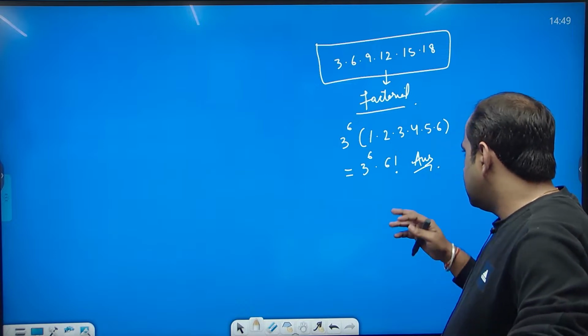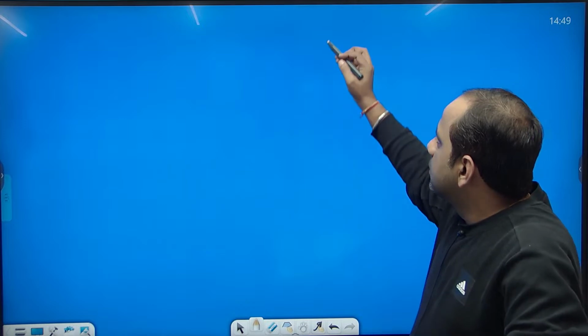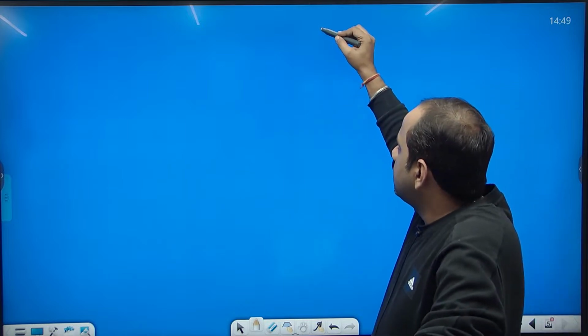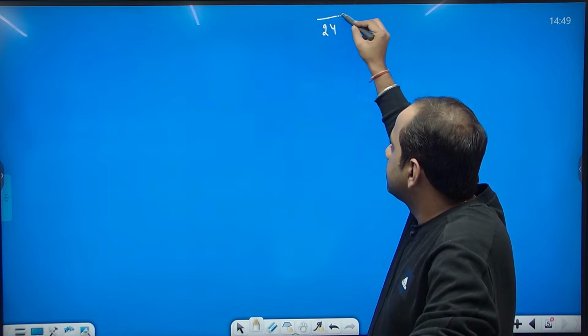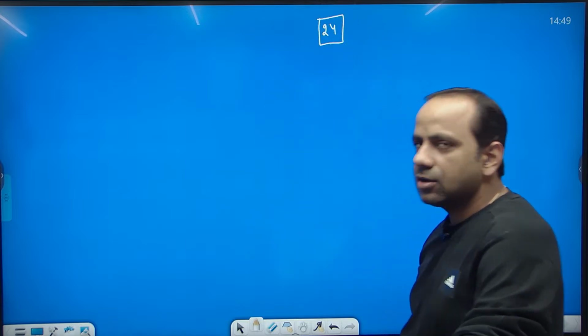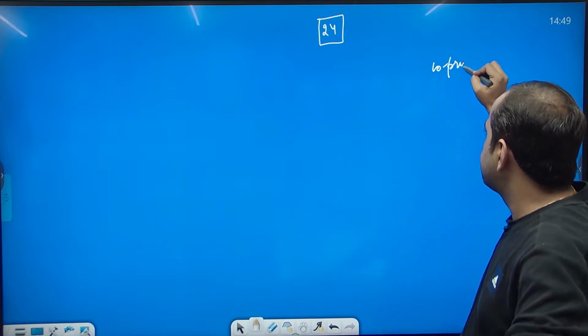And why we are taking this, let's understand one more thing. Like if I say that we have a number 24. Okay, you know what are coprime numbers?